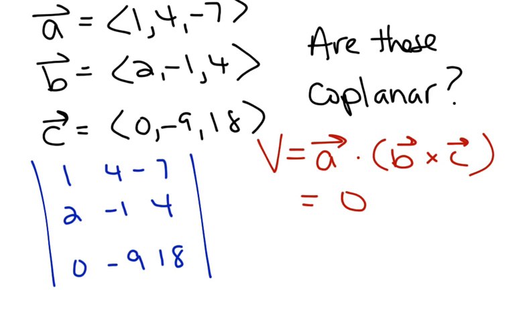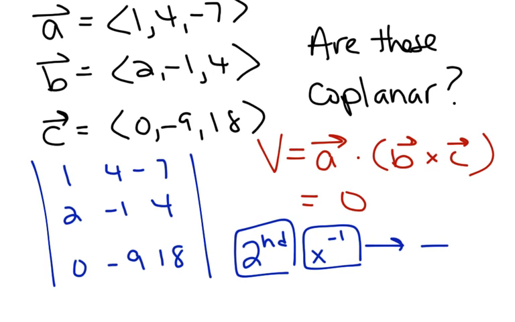On the graphing calculator, it will actually do determinants for you. You have to go put this into the matrix function in your calculator, though. So remember, if you go to second x negative 1, which is your matrix function, you arrow 2 to the right to edit.